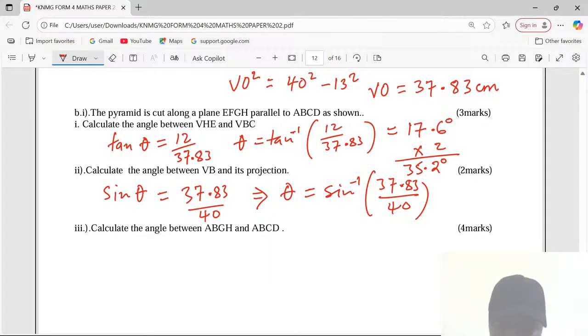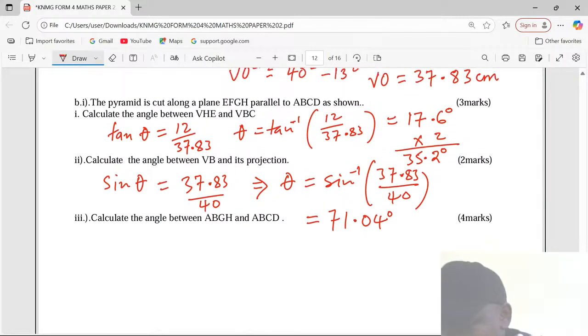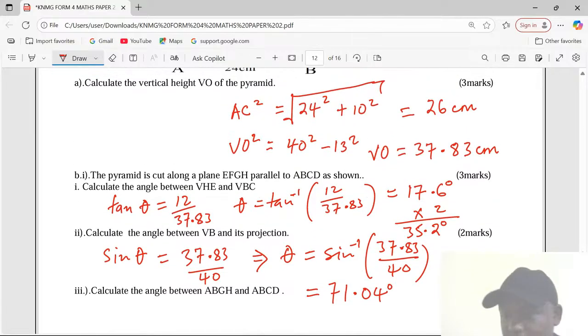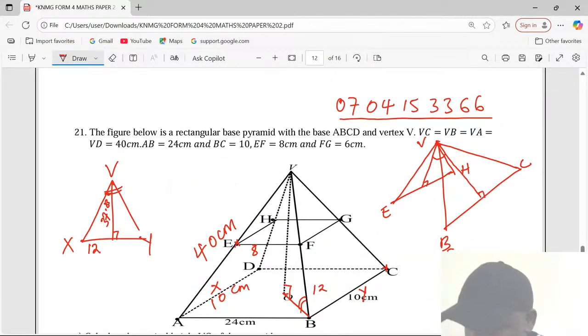Then we take the sine inverse, shift sine, and we get 71.04 degrees. Yeah, 71.04 degrees that way.